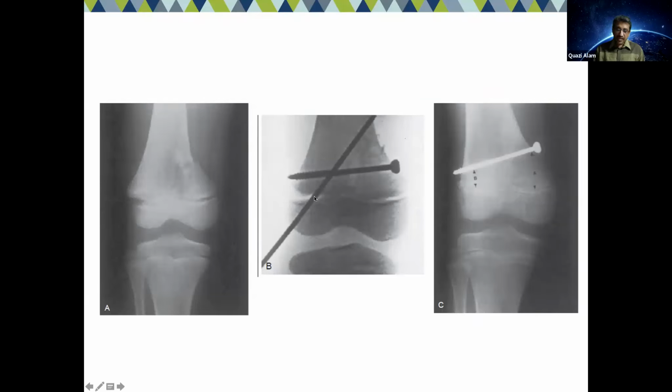And thus he caused damage over here. And look at the result. The injury has resolved, but you can clearly see that this portion of the physis has been damaged. It is also indicated by the position of the screw, which no longer remains parallel as it was before. This medial side is now increasing the gap because this growth plate is active.